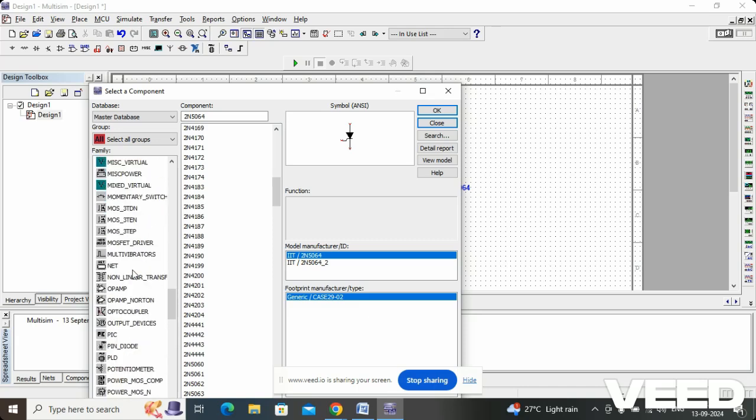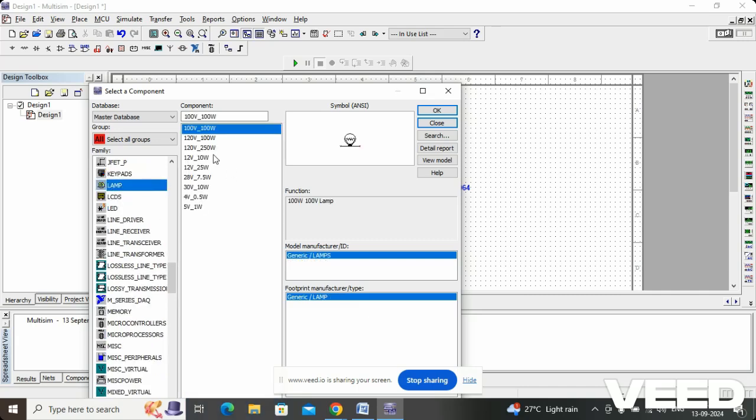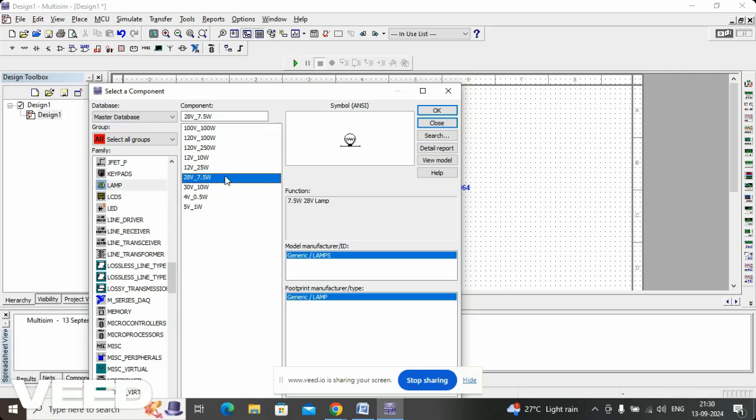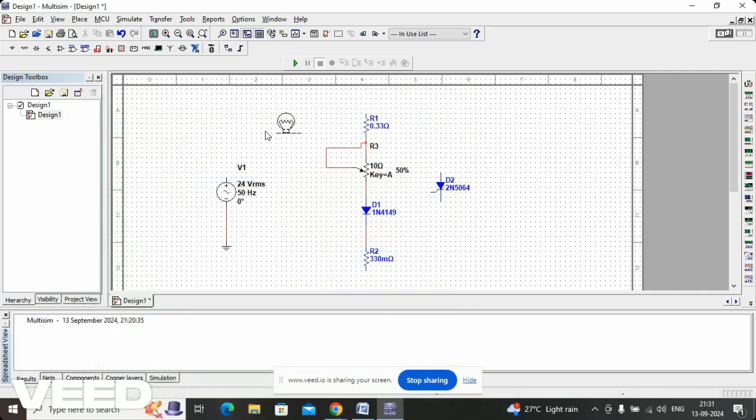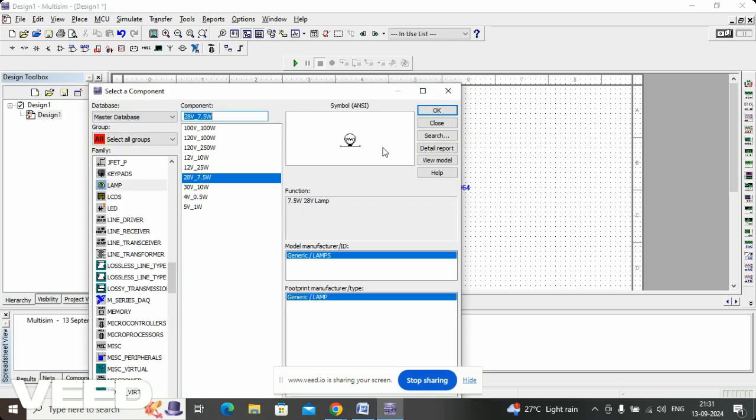and here you are getting an LED lamp because it's 24 volt. Let's take around 28 volt or 24 volt, or even 7.5 watt.